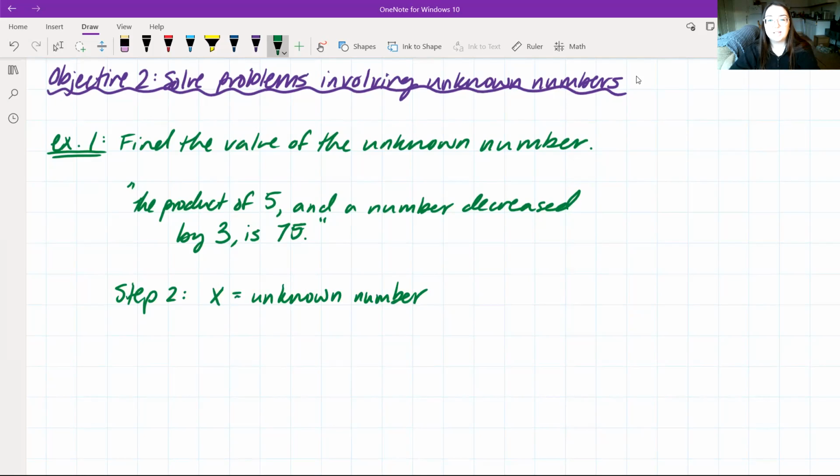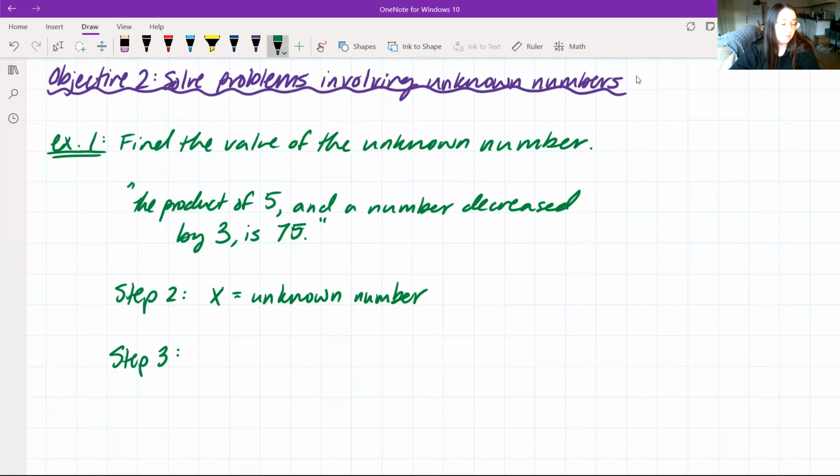It's pretty standard whenever you have an unknown number that we typically choose x, but you could choose whatever letter you would like. So we've identified our variable. We've assigned it a letter.